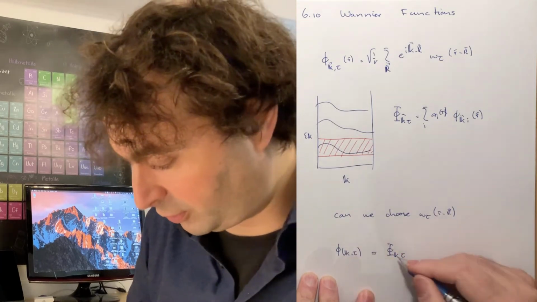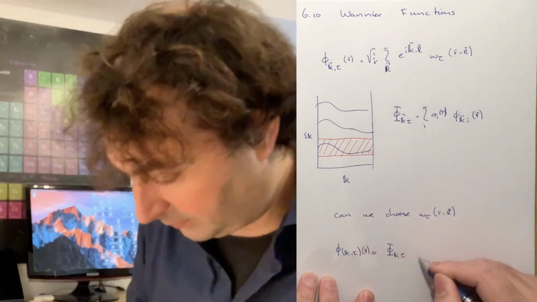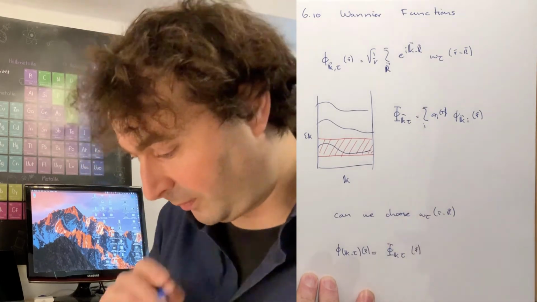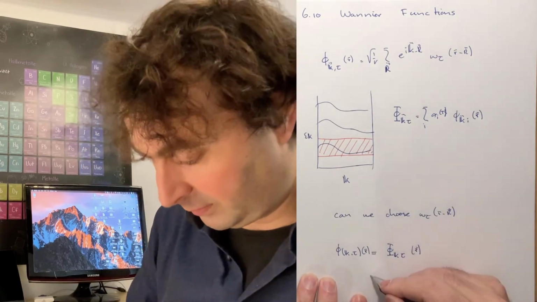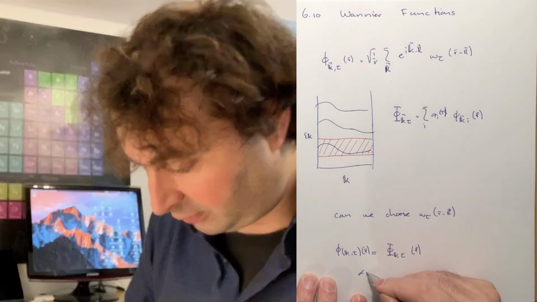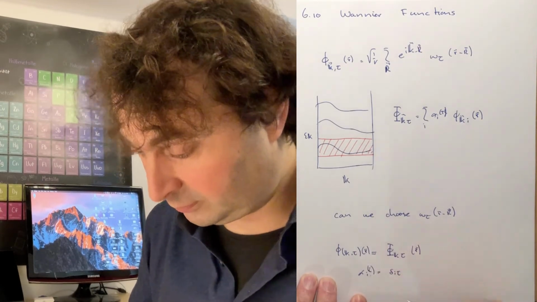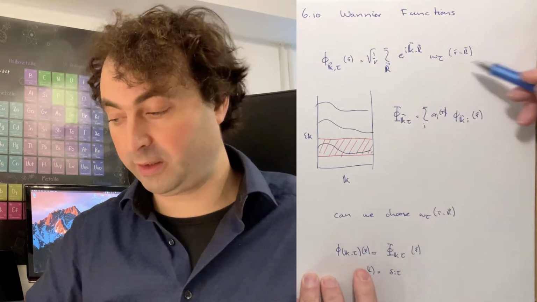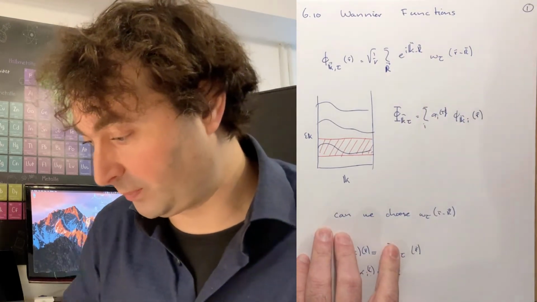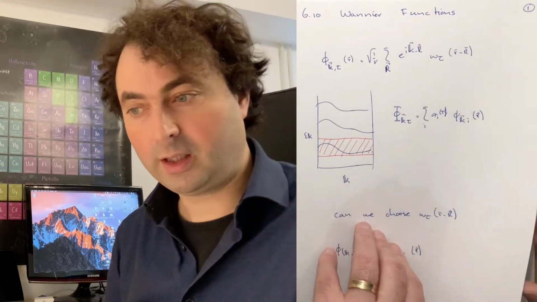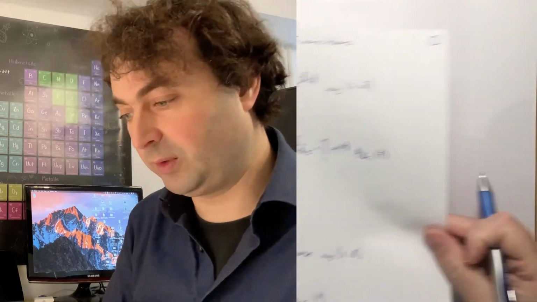And it shouldn't be a function of i, that's a function of r. Or equivalently, alpha i tau is delta i tau. Each eigenstate is made of its own local wave function. And the answer is yes, we can do that.